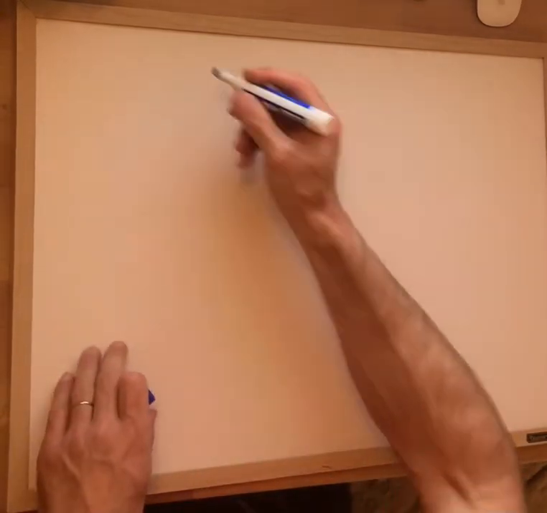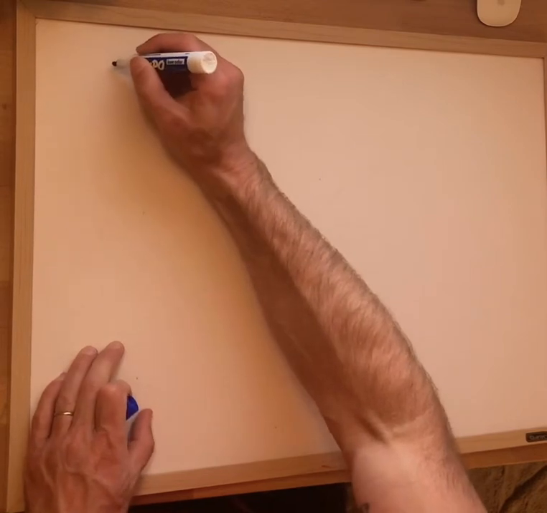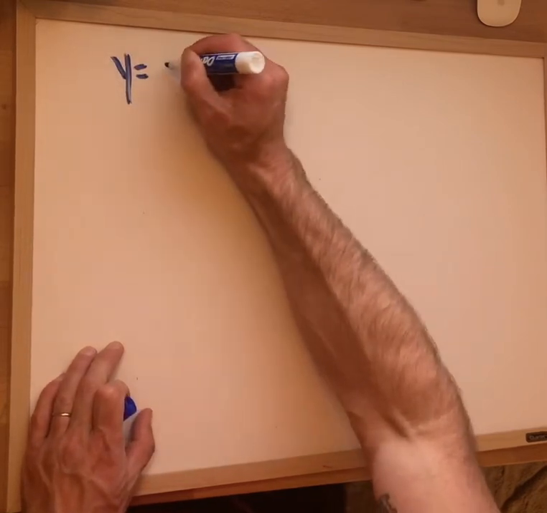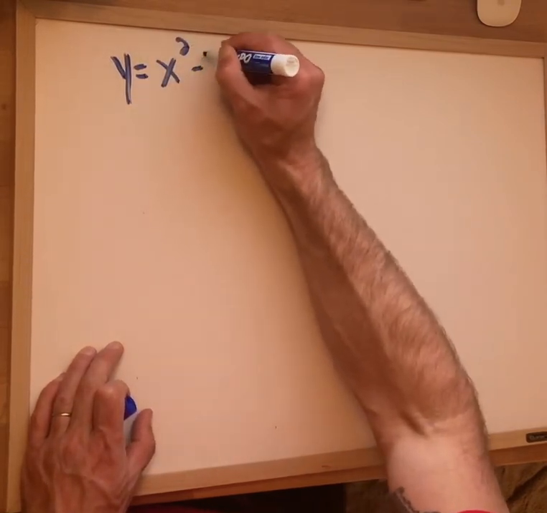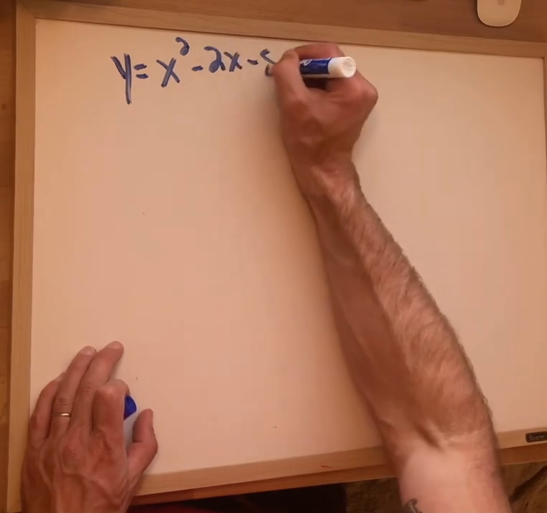quadratic functions or parabolas. So on the notes, I give you two quadratic functions. So let's say we have y equals x squared minus 2x minus 8.